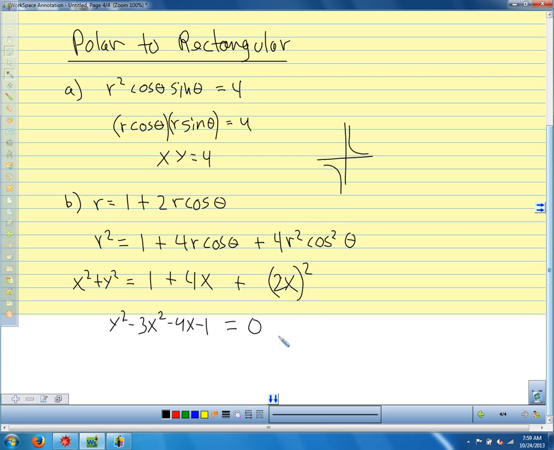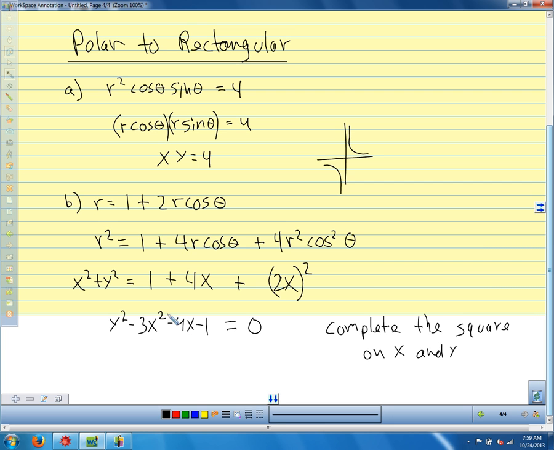So what we want to do here is complete the square with x and y. This is going to give us some kind of conic section.